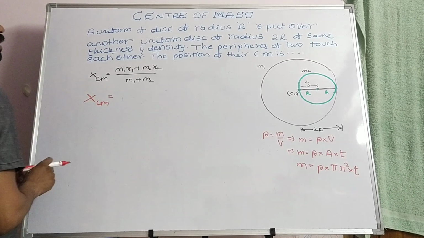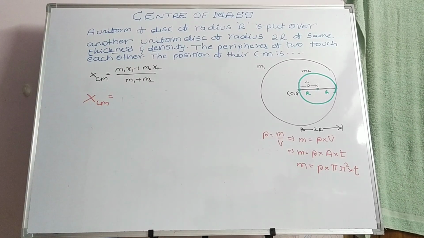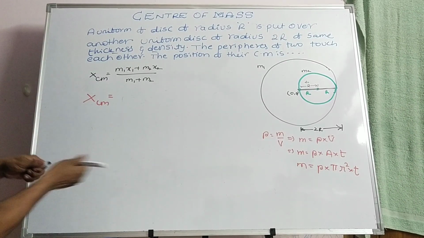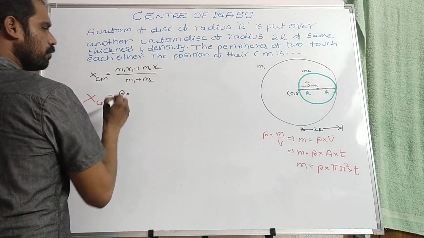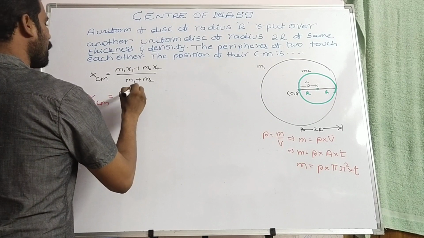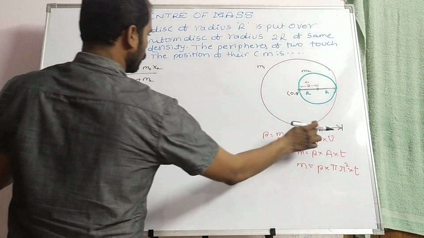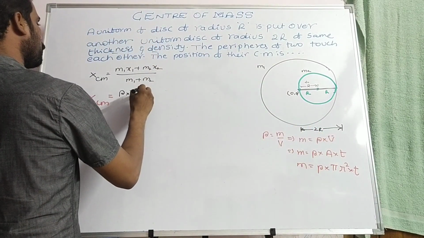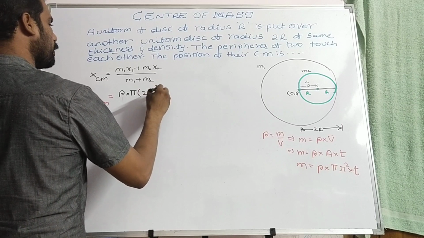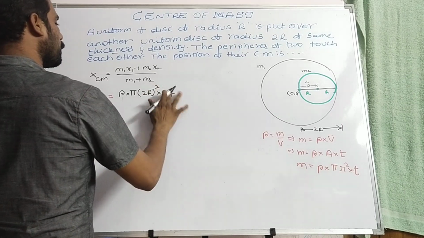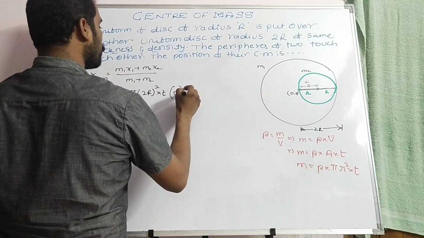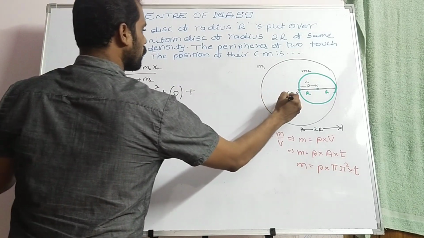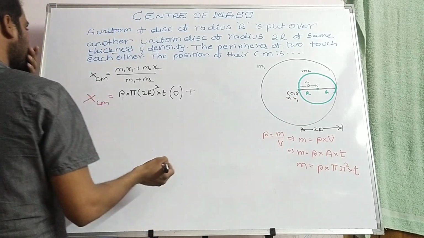Now XCM is equal to, instead of mass, we write density rho into pi into the radius of the first disk, which is 2r, squared, into thickness t, into its coordinate. The coordinate x1, y1 is 0.